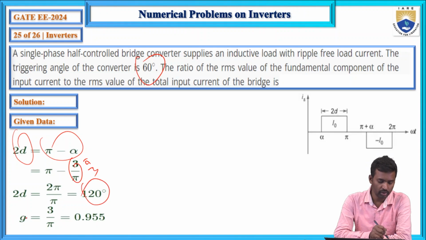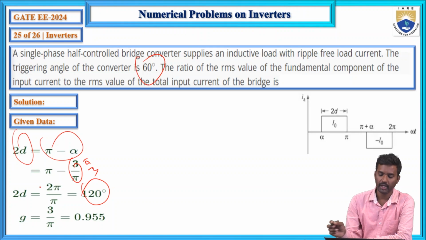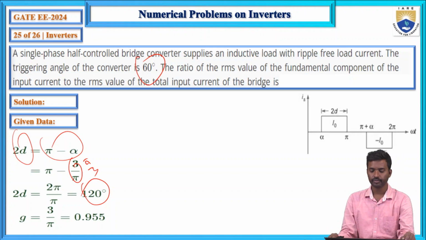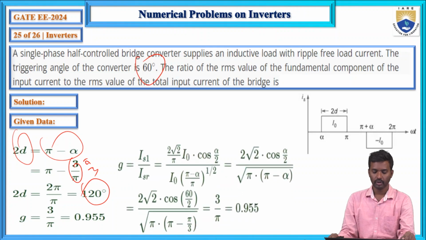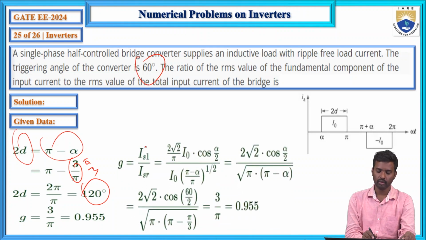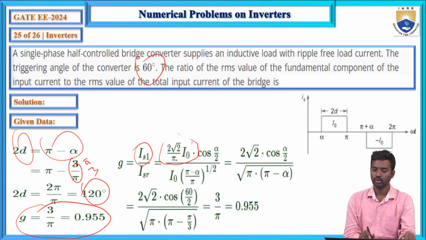So now G equals IS1 by IS, that is 2 root 2 by pi I naught cos alpha by 2, divided by I naught under root of pi minus alpha by pi.